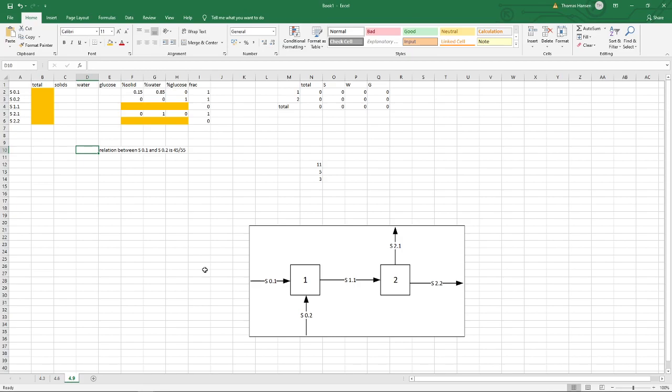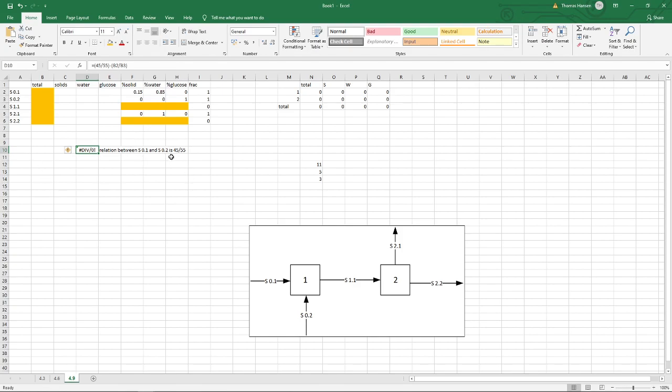I can then put up an equation here where I say if I take 45 over 55 and I subtract my mass of 0.1 divided by my mass of 0.2, I expect this to give me 0, right?